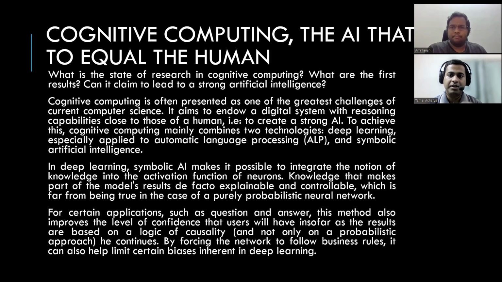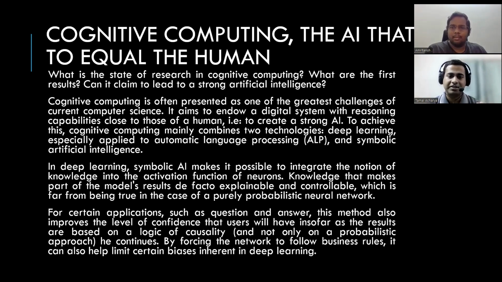That's what AI aims for. Like the heading says, the AI that aims to equal the human. Only when you combine these can we say that AI has equaled the human. Right now, no. Right now, humans are ahead. We are going there. It will take a few more years to do that.